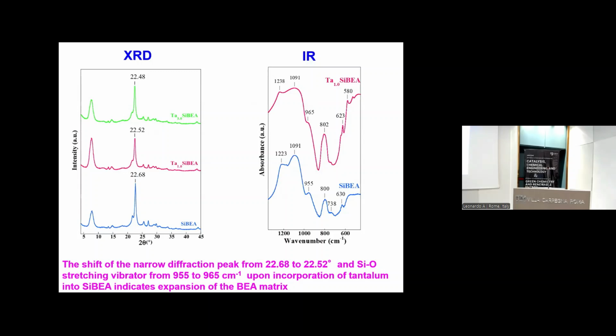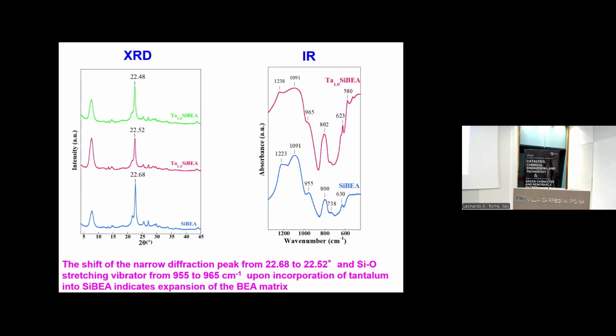So we confirm by XRD and infrared spectroscopy the incorporation of tantalum in the SCR-beta zeolite, because we observe a change of the position of the main diffractogram peak from this position to this when we incorporate tantalum. So this shows us that tantalum is incorporated in the zeolite because the size of the unit cell is increased.